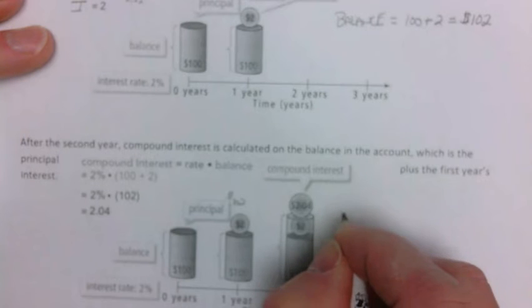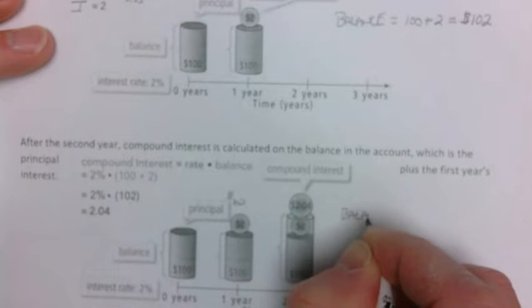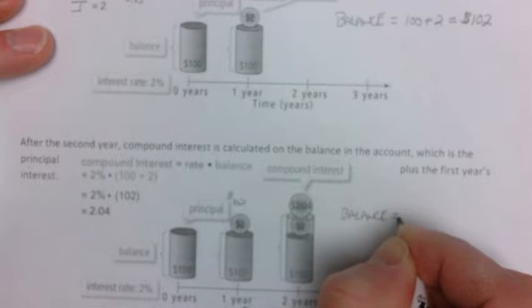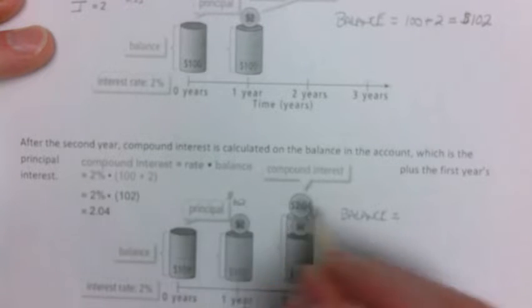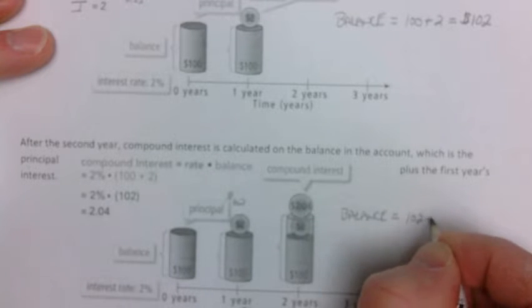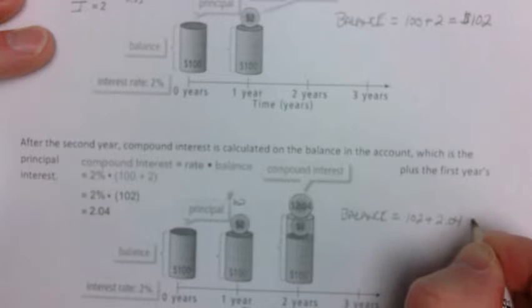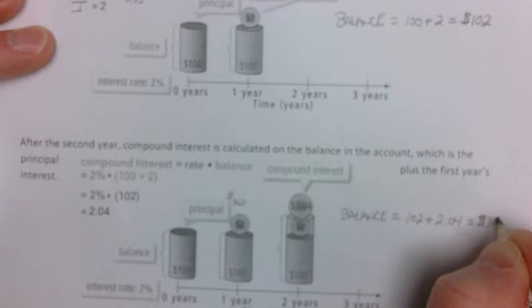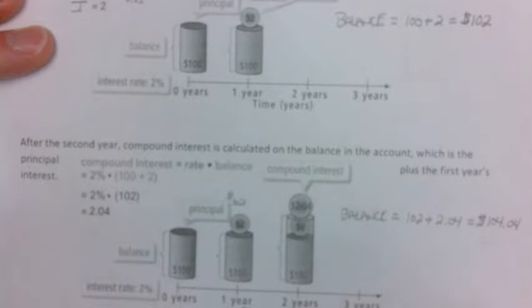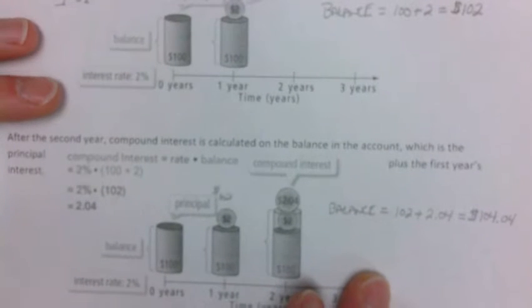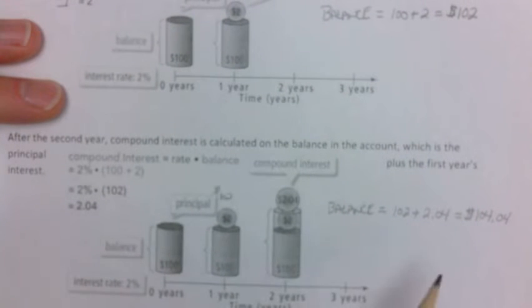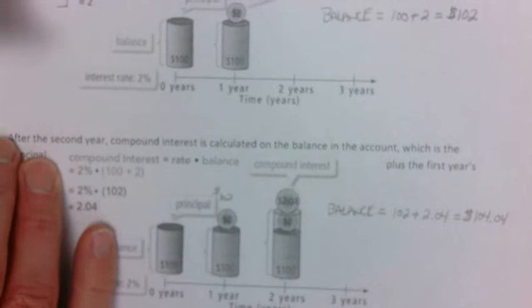So my new balance is going to equal my previous balance, which was $102, plus the new amount of interest that I've earned, $2.04, making it $104.04. My account balance after 2 years is $104.04.